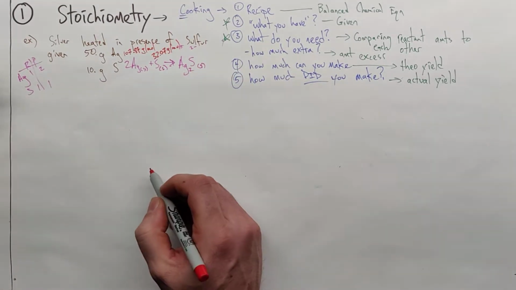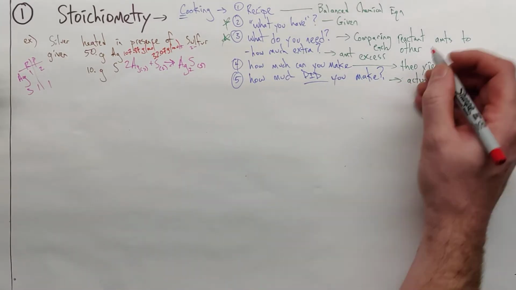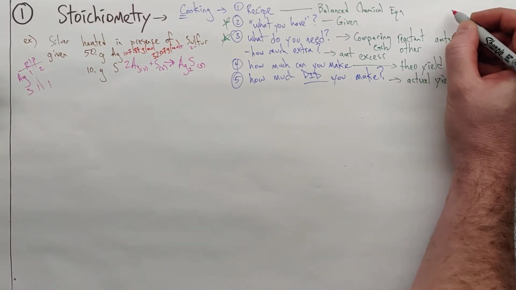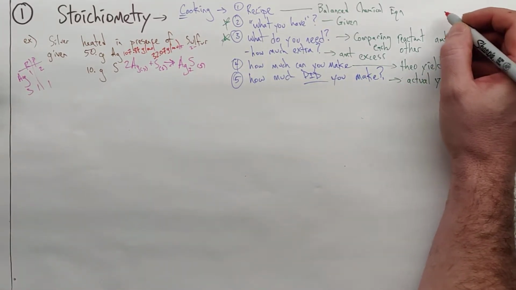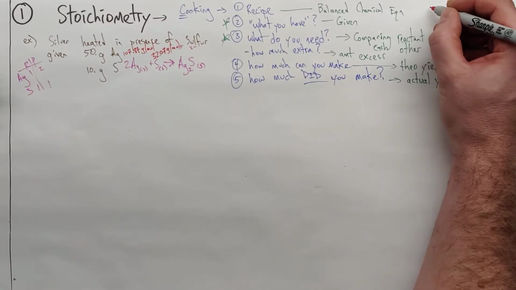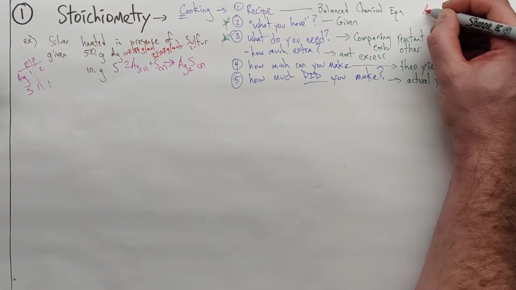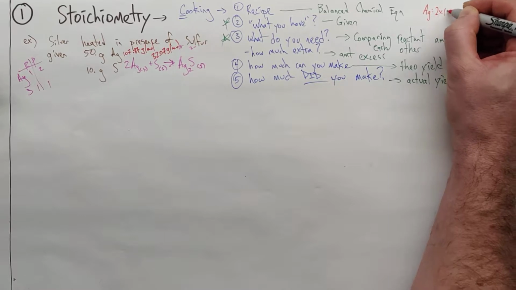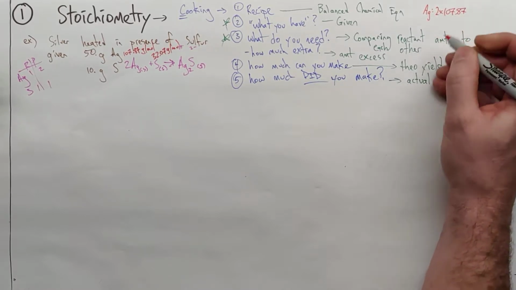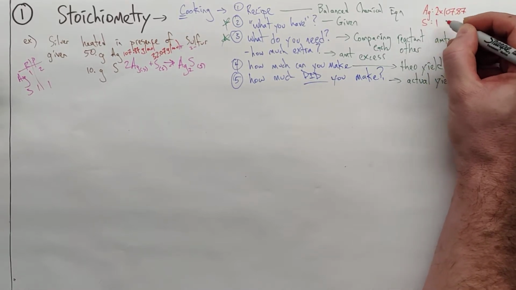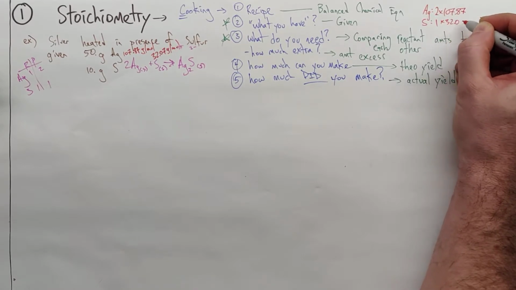And then this silver sulfide, I'll sneak in the work over here. For future problems, I probably won't, because it's the general idea. You're calculating a molar mass. Silver, you got two of those at 107.87. And then sulfur, you got one of those at 32.07.